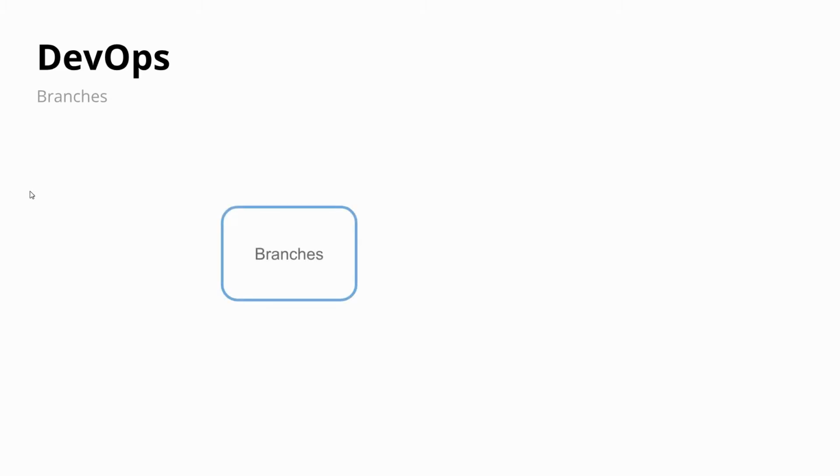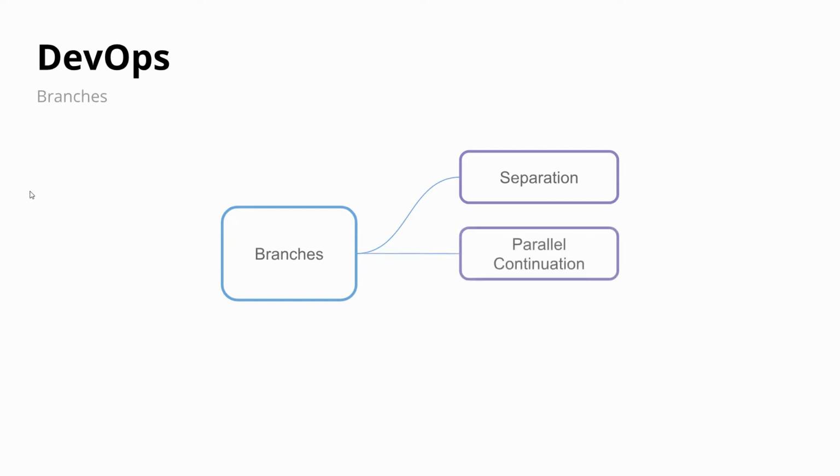Well, branches are created in Git. Remember that we decided to use Git as our versioning system, and basically they provide us with separation, which means that you can work on something that will not affect anybody else. It also provides us with parallel continuation.